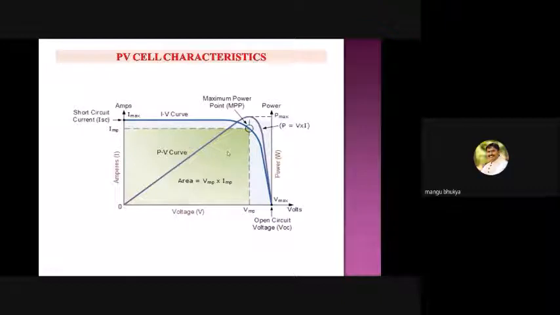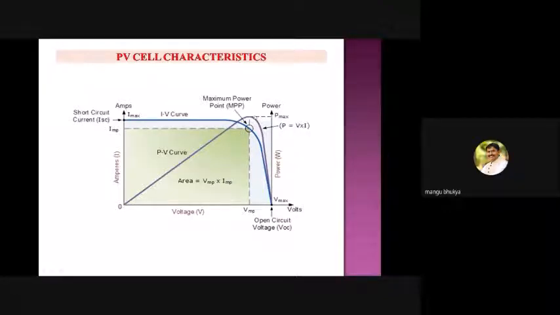But beyond the MPP point, voltage is increasing but power drawn from the panel is decreasing, so they follow an inversely proportional relation. Before the MPP point, they follow a directly proportional relation, meaning as voltage increases, power also increases.